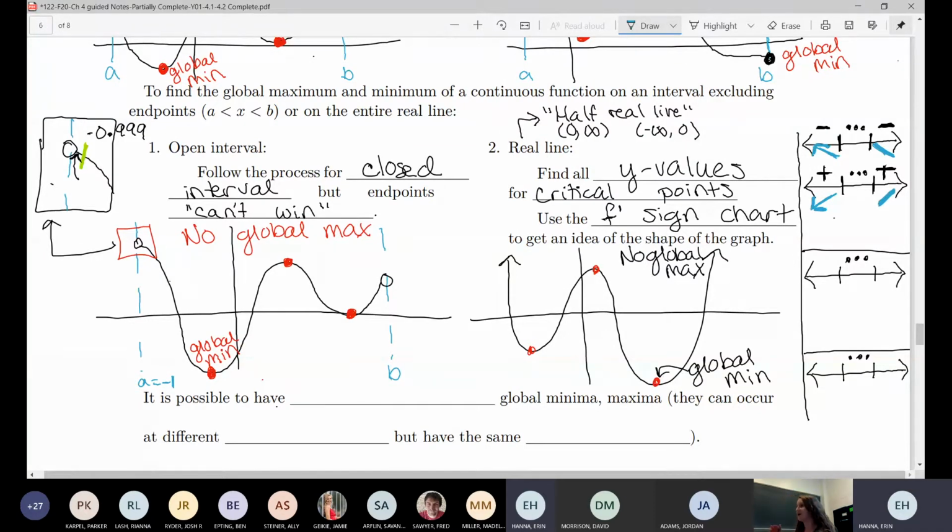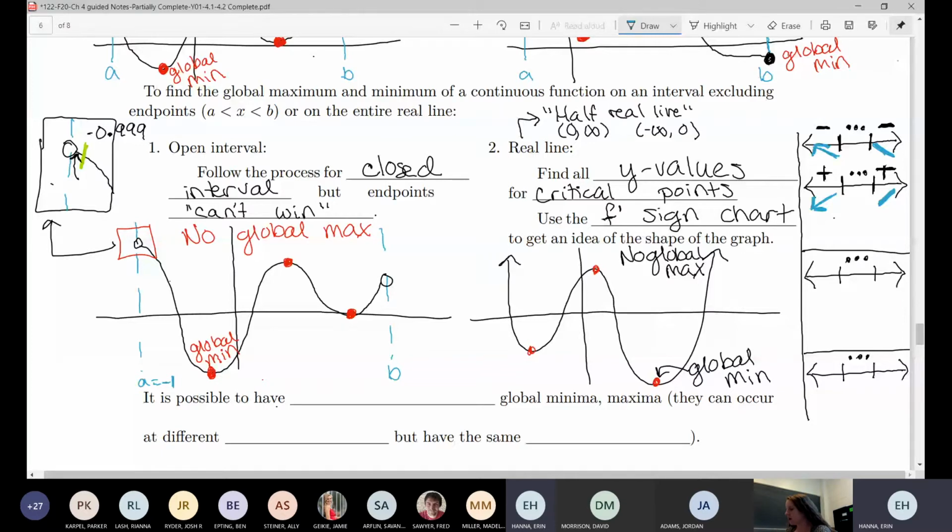So let me back up. Say we're in a case where we have negative on the left and negative on the right, or positive on the left and positive on the right. In the case of negative negative, we'd be decreasing in that leftmost piece, which actually means it's going upwards forever on the left. And if it's decreasing on the right as well, that means it's going downward forever on the right.